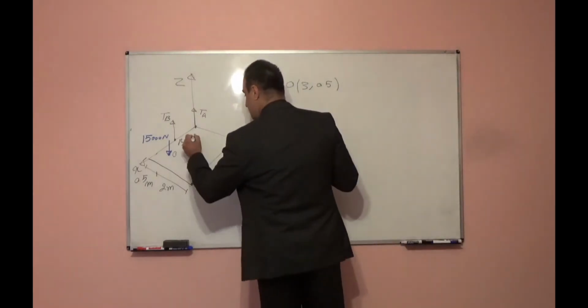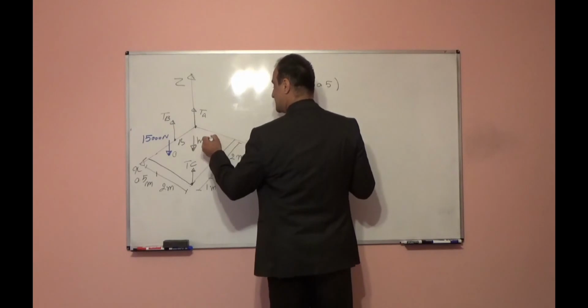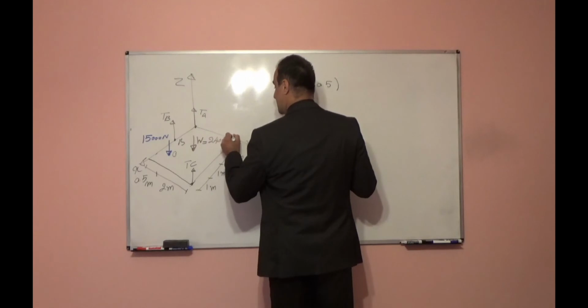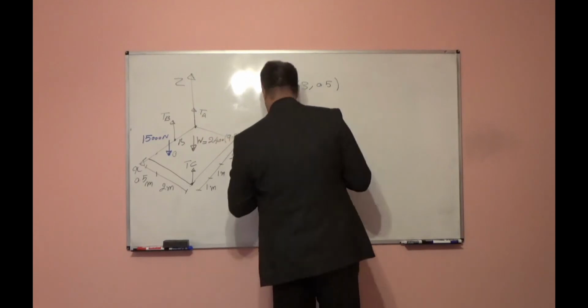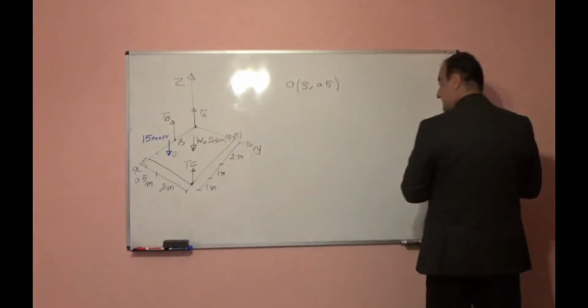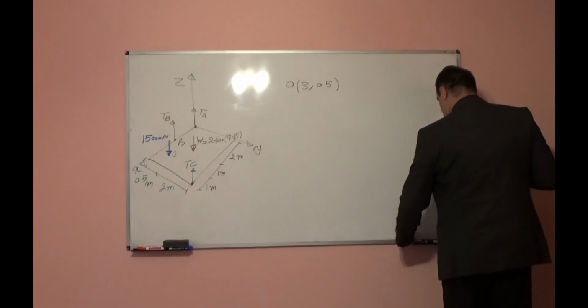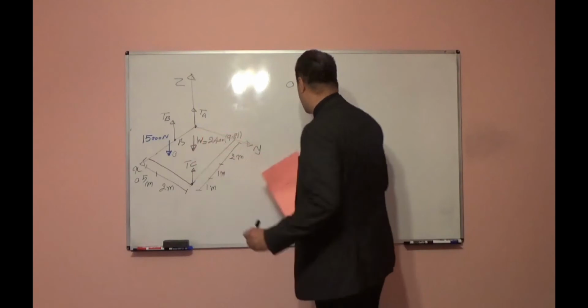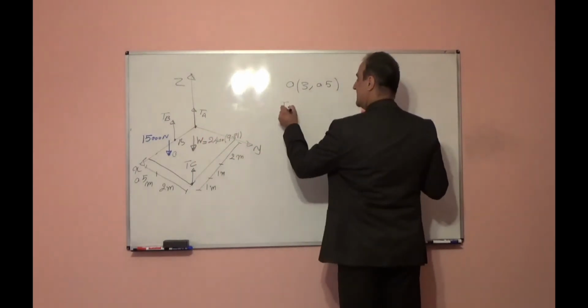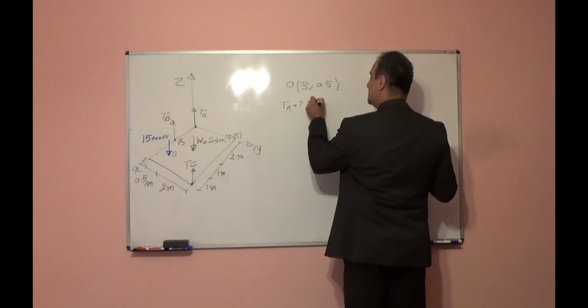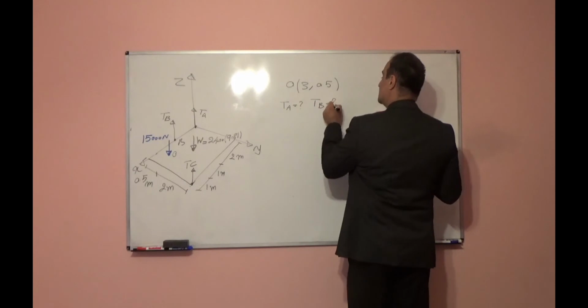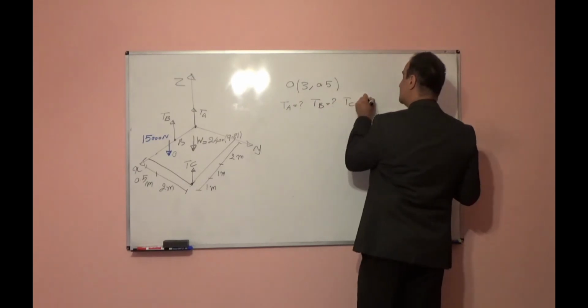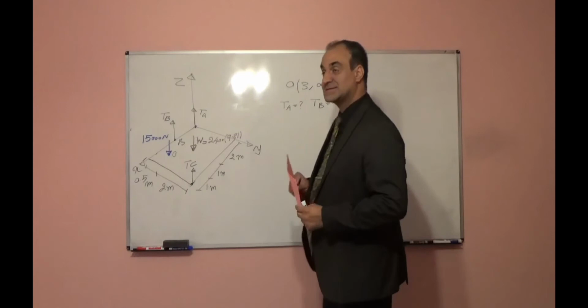So the weight W will be equal to mass 2,400 times gravity 9.81 Newton. This will be the weight. We want to find the tension force in these cables. I want to find TA, TB, TC, tension force in these cables.